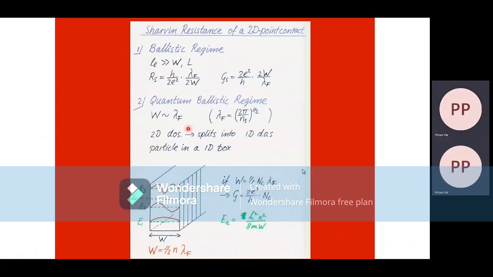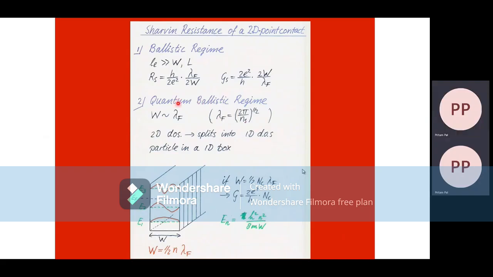Electron waves travel through this constriction, because the wavelength or the quantum wave function dimension of the electron is comparable to the width of the quantum point contact constriction, right? Which is W.